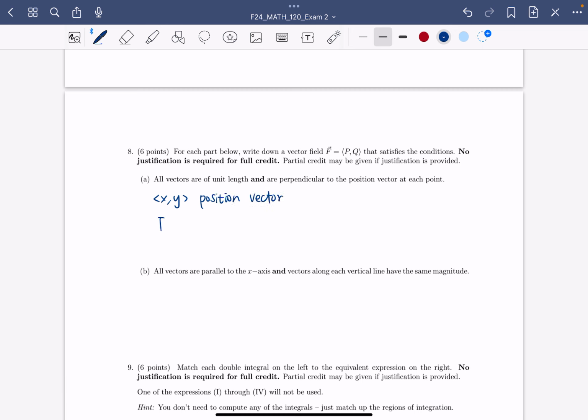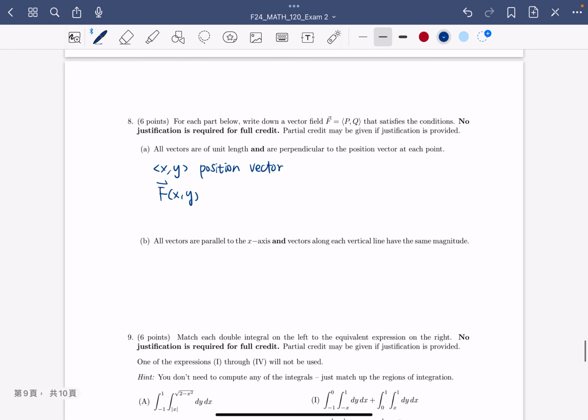Then if we have to be perpendicular to the position vector, we could choose something parallel to (-y, x), right? Because the dot product of (x, y) with (-y, x) is -xy plus xy, which is 0.